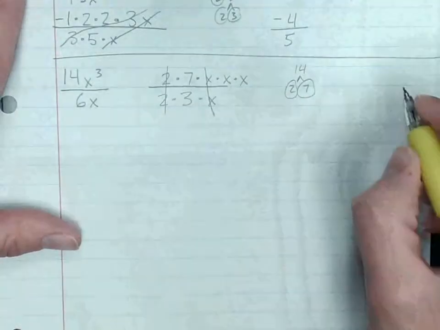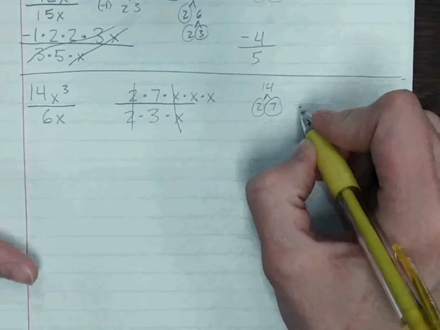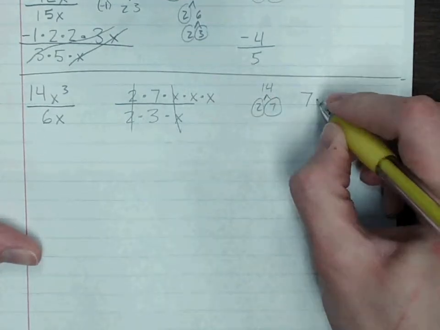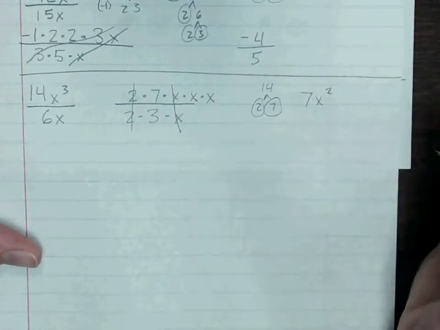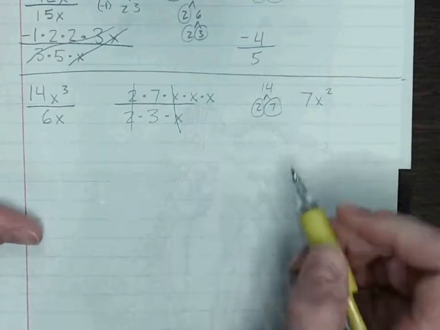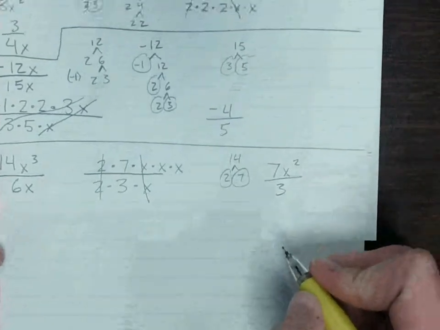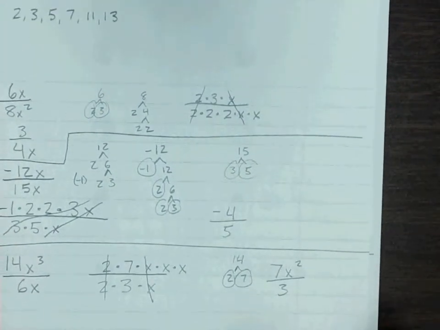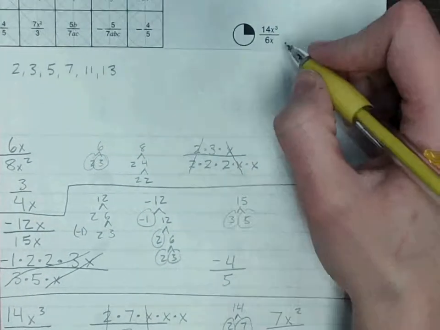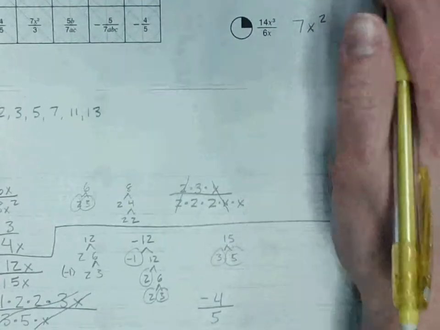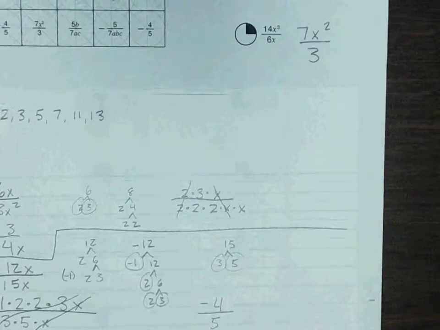On top I have a 7, and I have 2 x's, so that's x squared, an x times an x, over 3. So 7x squared over 3. And that's my answer.